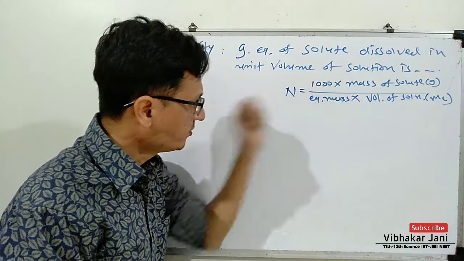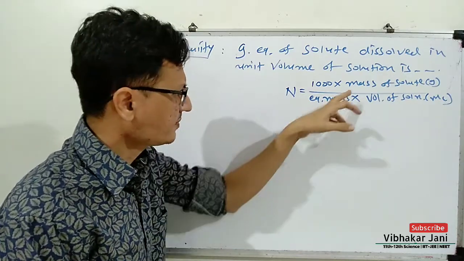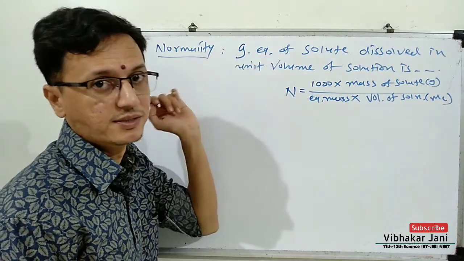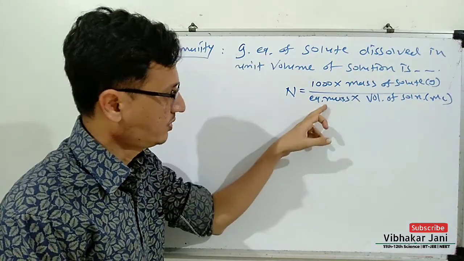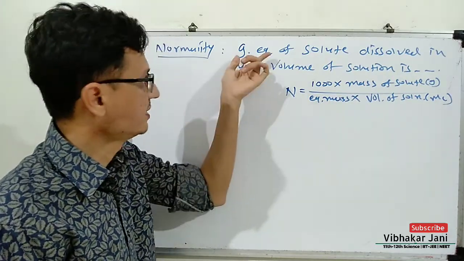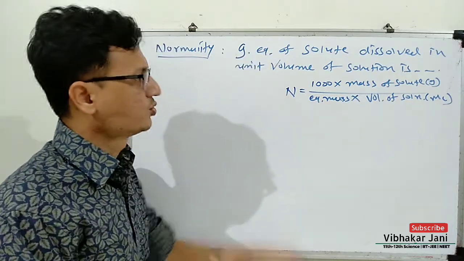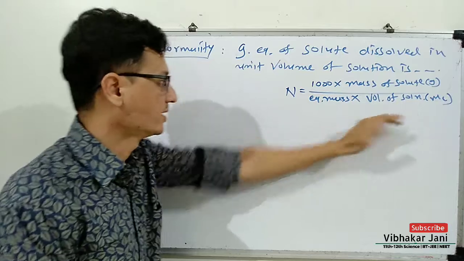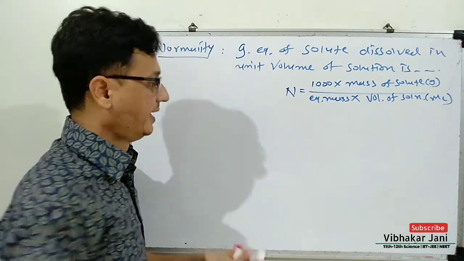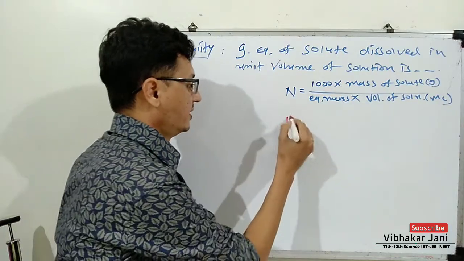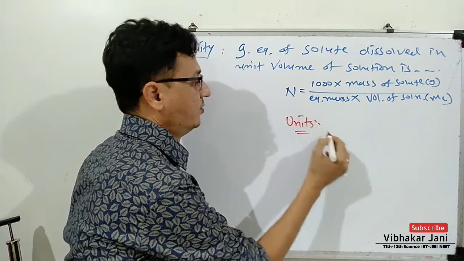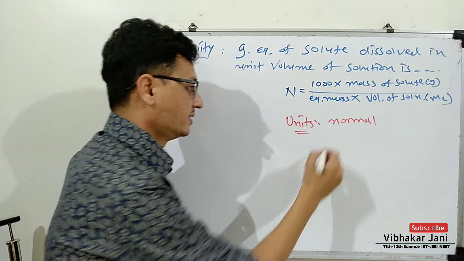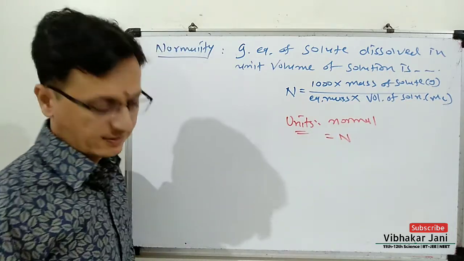Now mass upon equivalent mass, that means gram equivalent. Mass of solute upon equivalent mass represents gram equivalent. So gram equivalent present in unit volume of solution is considered as normality, and the unit of normality is normal.